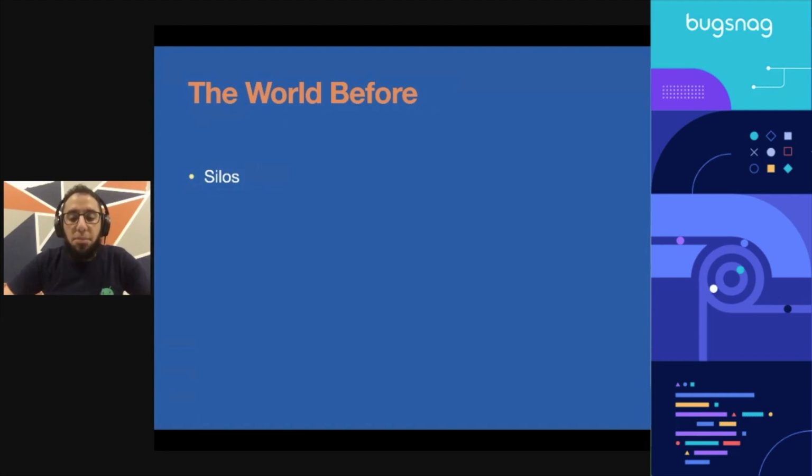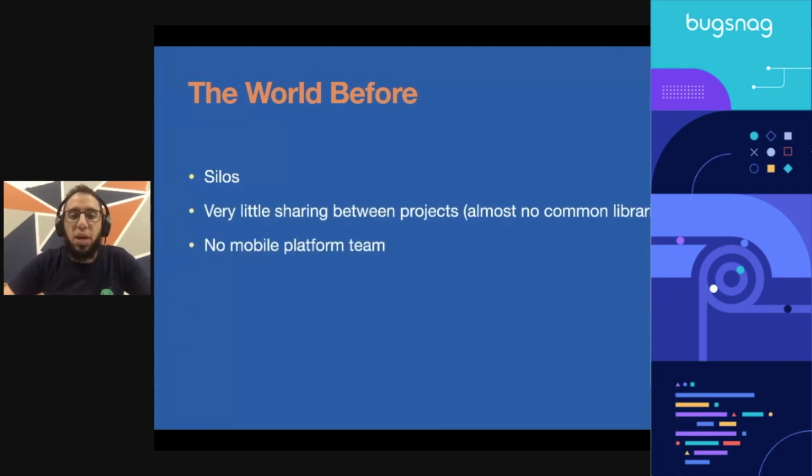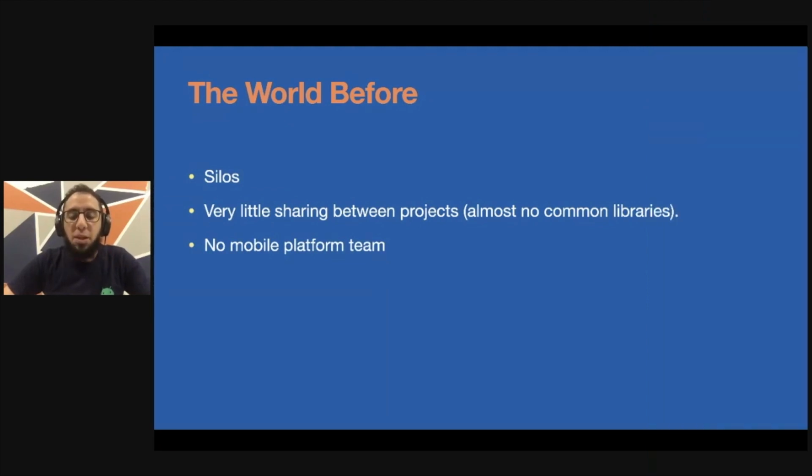Essentially, there was very little sharing between the projects, not too many common libraries. There was no platform team to help identify things that were being repeated and correct them. We did have a bi-weekly coffee meeting where we could share ideas, but as time went on and people got busier, it slowly died down.